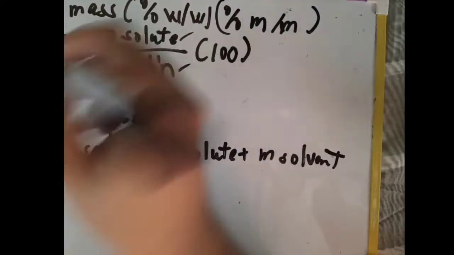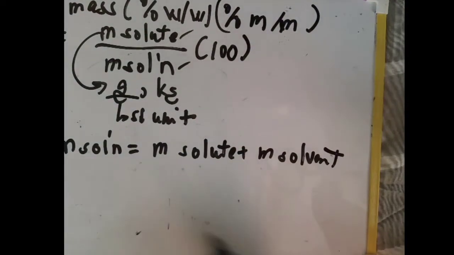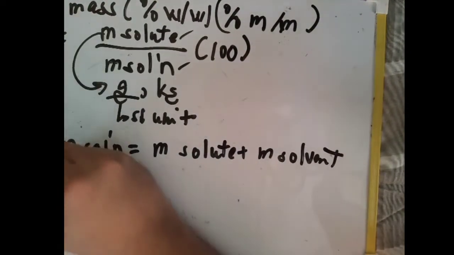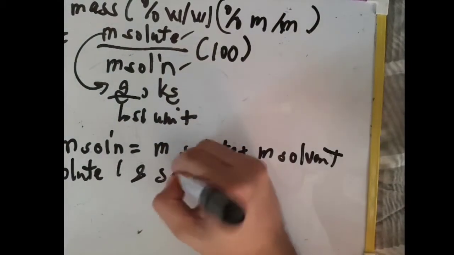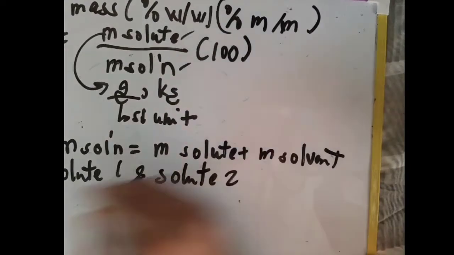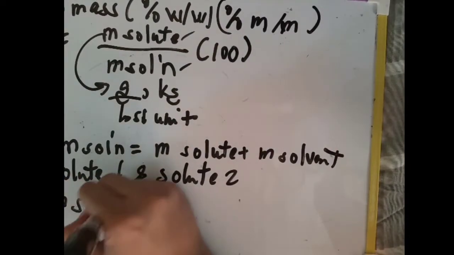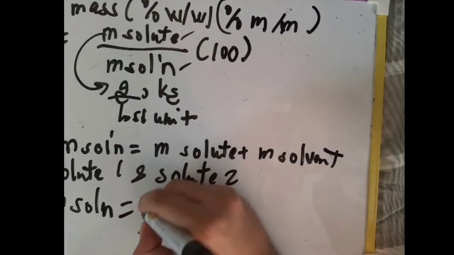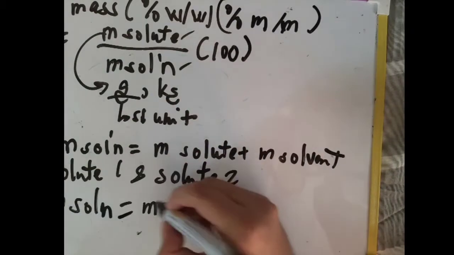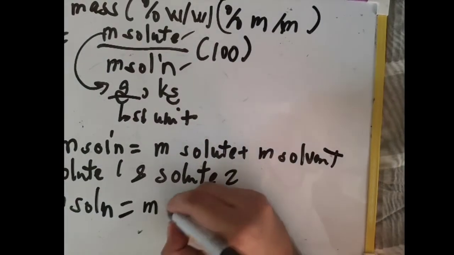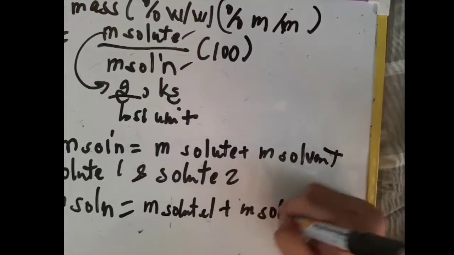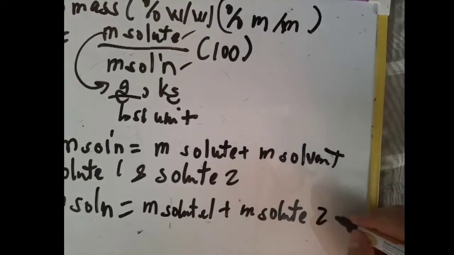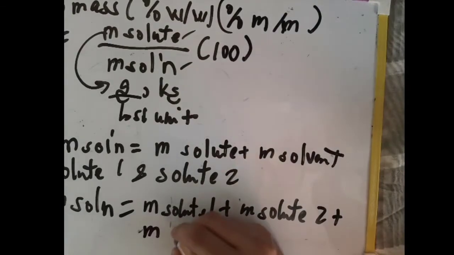Now, if we have more than one solute, let's say we have solute 1 and solute 2, obviously, the total mass of the solution is equal to the summation of the masses of the two solutes plus the mass of our solvent.